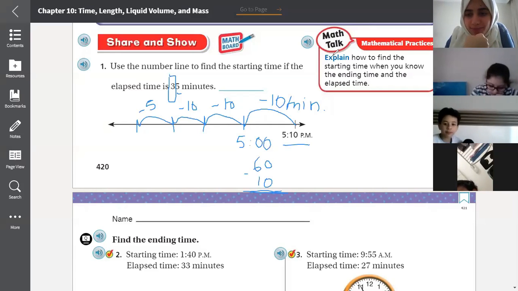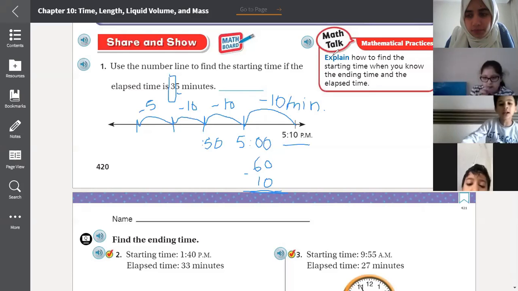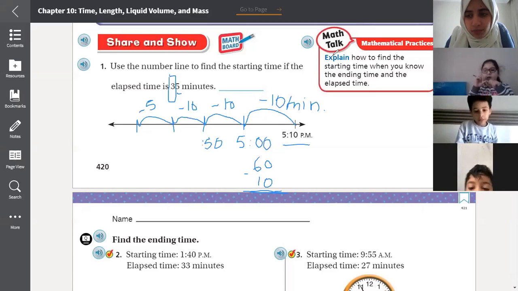Oh, 50. So I will put 50 in the minutes, and because I'm back to 50, the 5 will become minus 1.